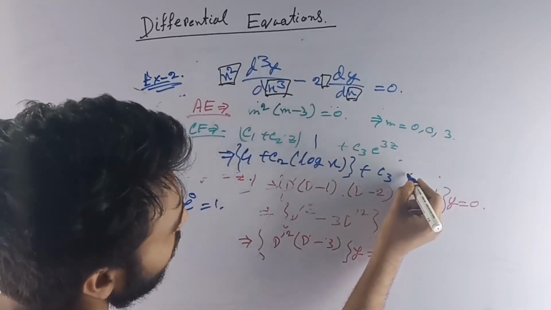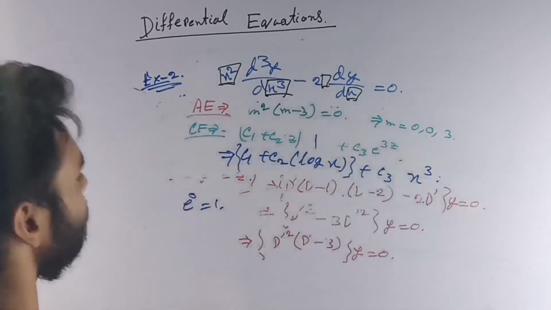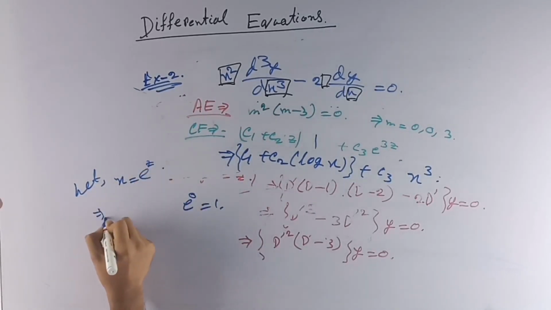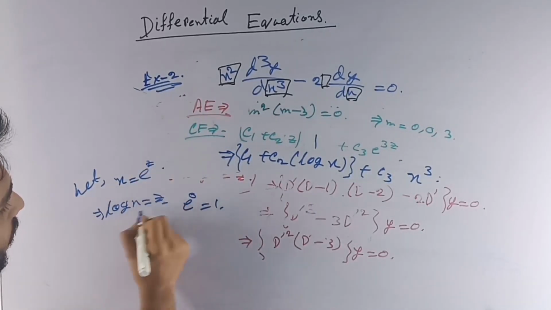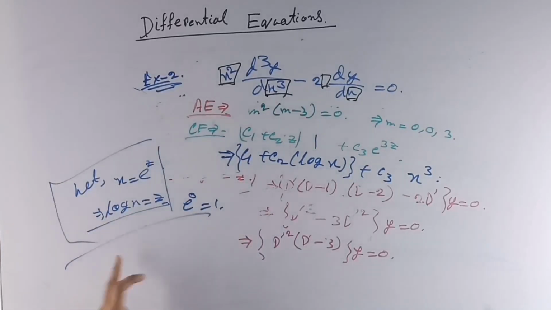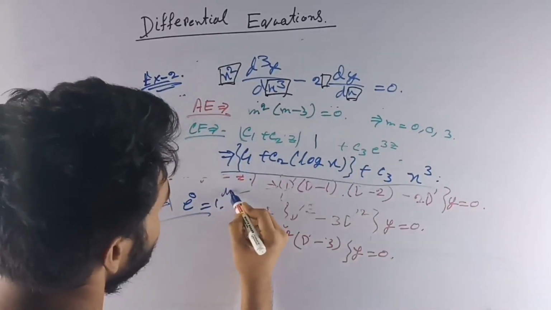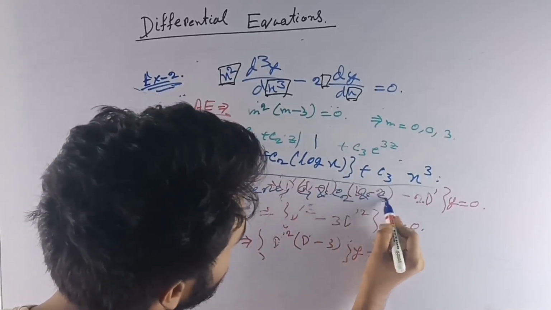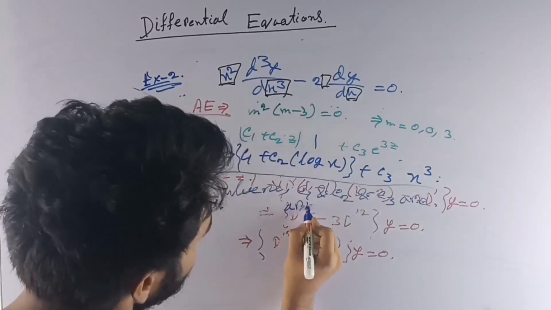Now c1 plus c2 times log x plus c3 x cube, as we take x equal to e to the power z and log x equal to z, therefore z equals log x. Here c1, c2 and c3 are arbitrary constants.